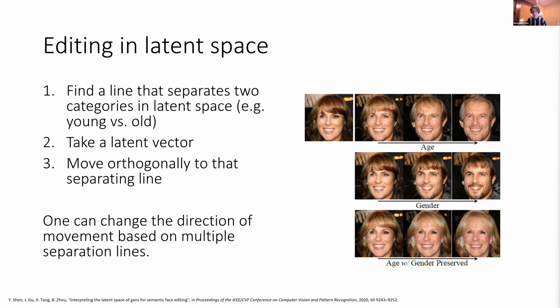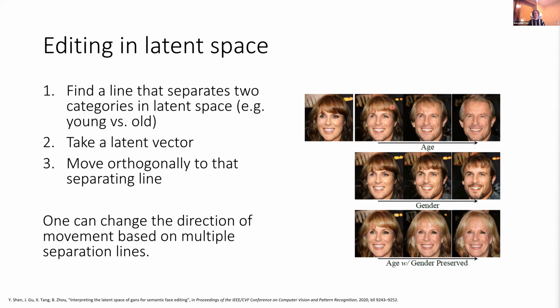What this also allows is changing multiple attributes at the same time, or, because sometimes these attributes are entangled, it enables you to change just one and not the other.